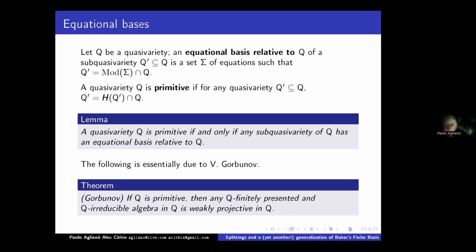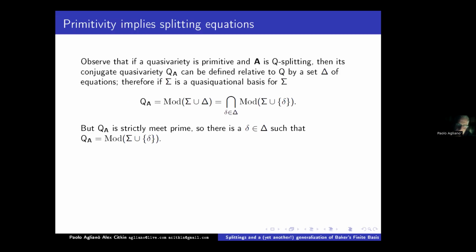Moreover, it's not written there, but I tell you anyway, if it's locally finite, the converse holds. So if I assume that Q is locally finite, then it is an if and only if.